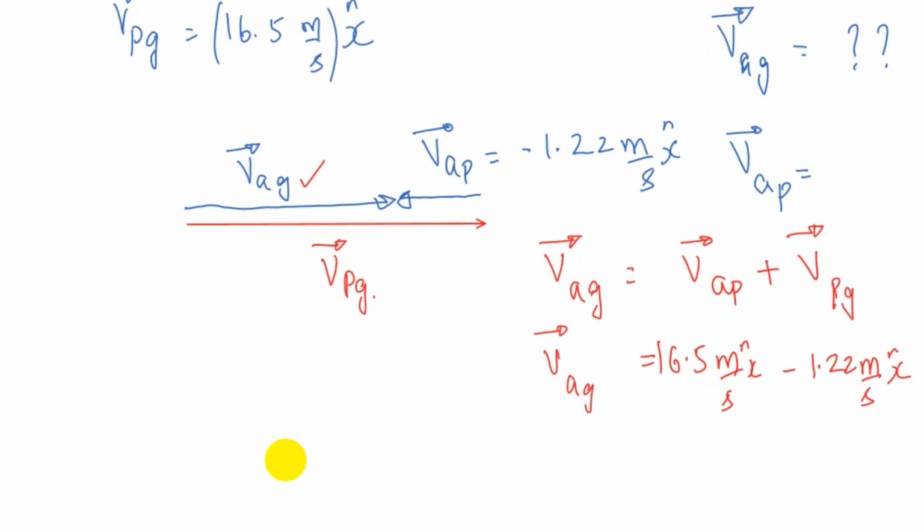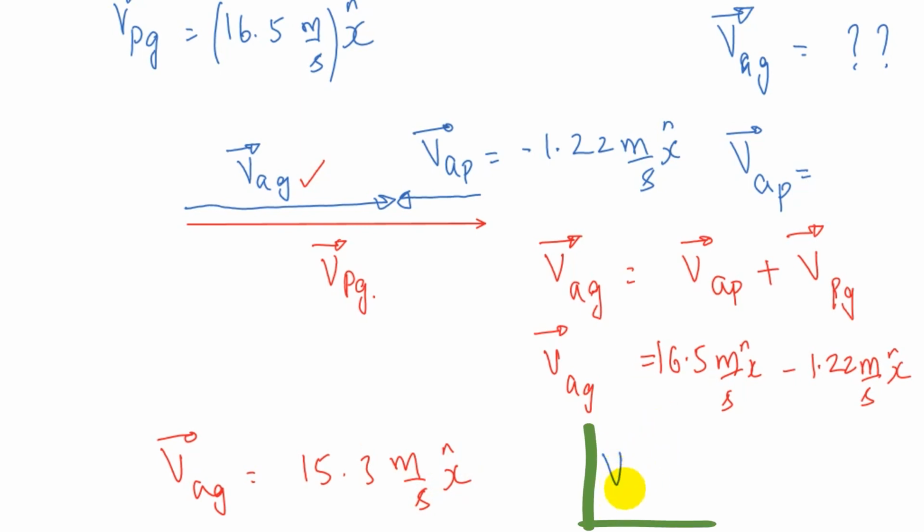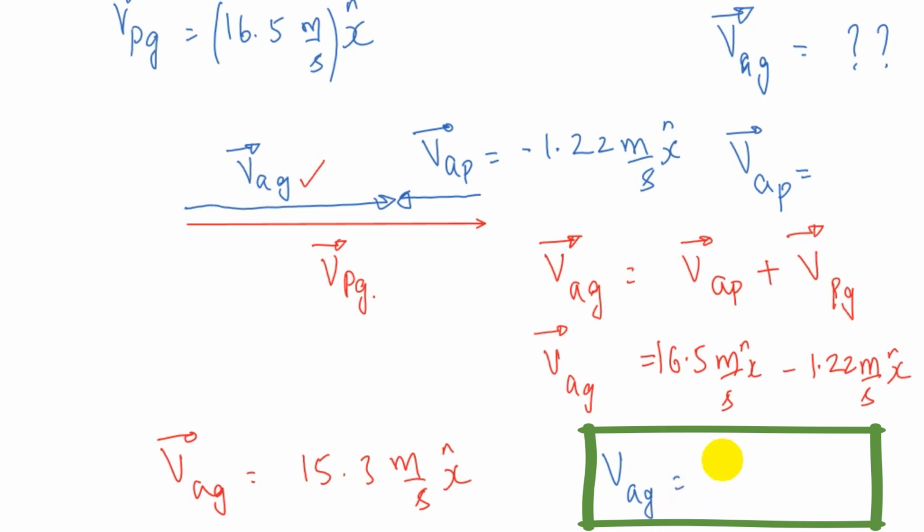We can solve it further, and we'll get VAG equals 15.3 meter per second x cap. Its magnitude would be its speed, which is equals to 15.3 meter per second. So this will be the answer for this question.